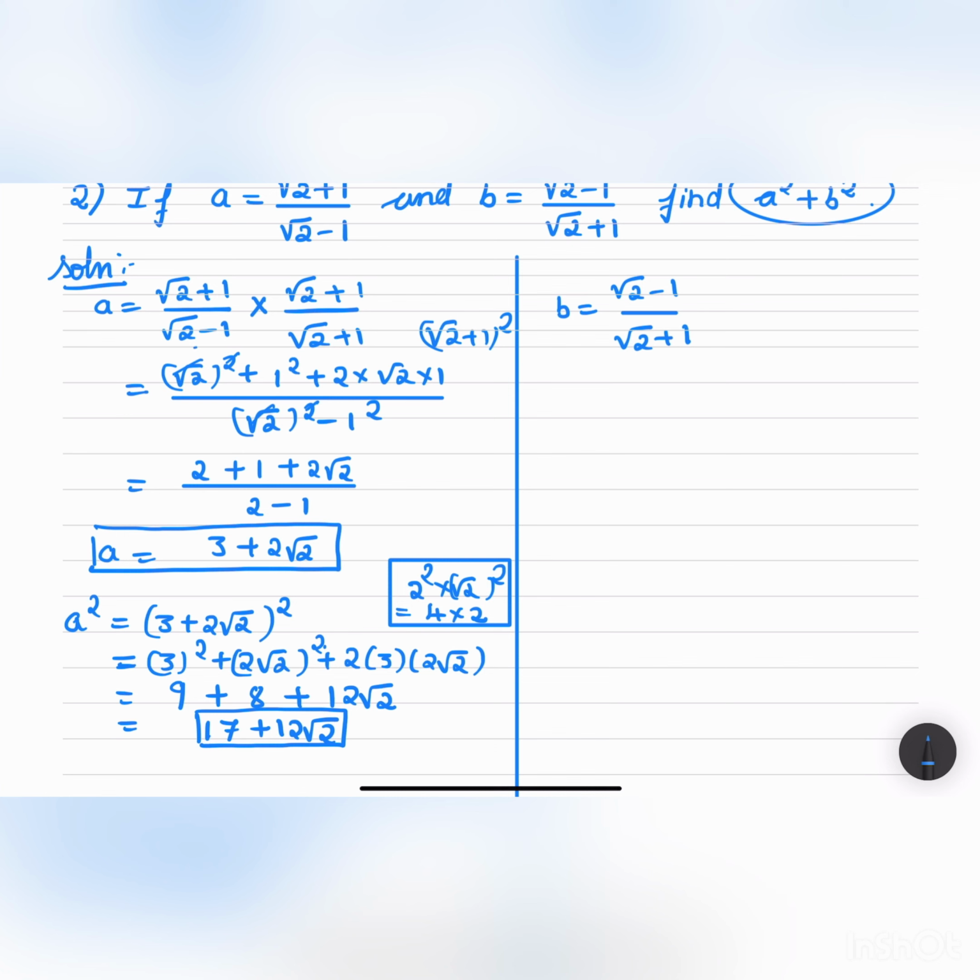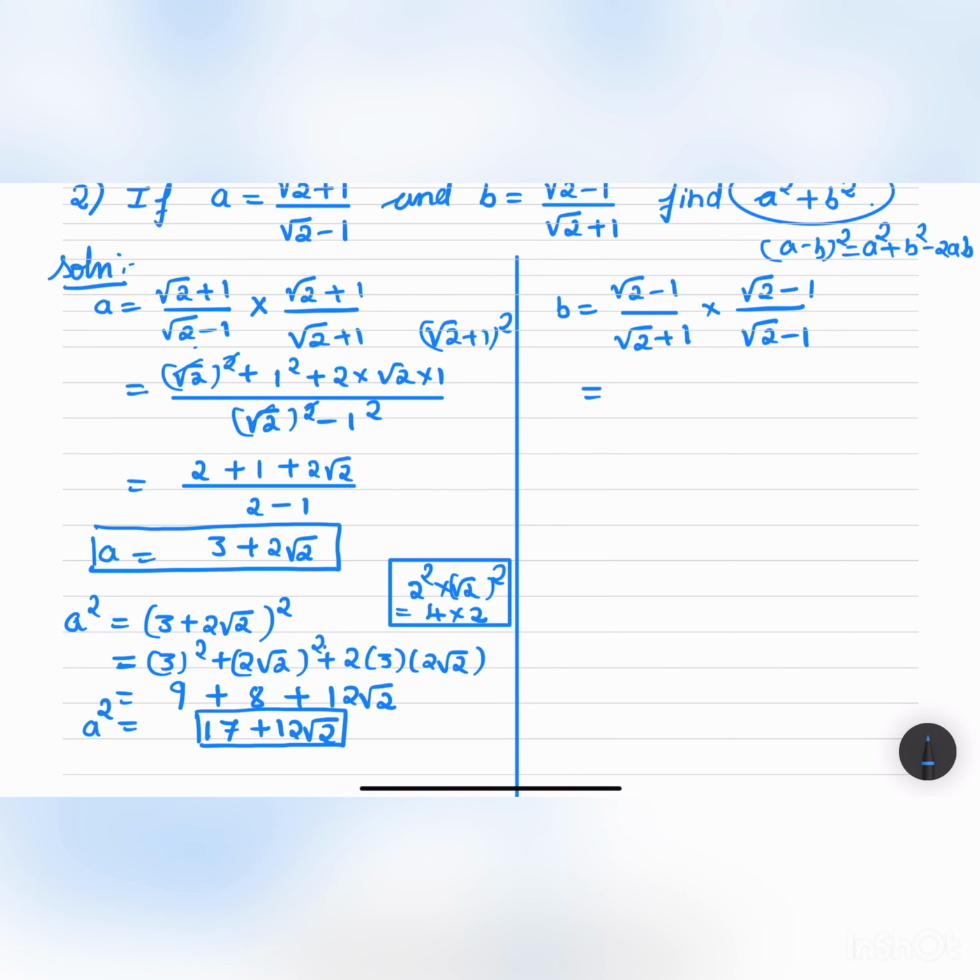Let us find out B square now in the same way. In the denominator we have root 2 plus 1. So we have to multiply it by root 2 minus 1 by root 2 minus 1 to both the numerator and denominator. And in this case, the numerator is root 2 minus 1 whole square. A minus b whole square will be equal to a square plus b square minus 2ab.